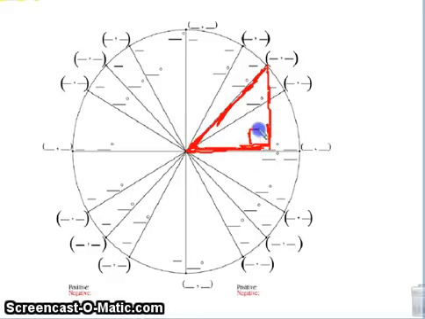Anybody remember that? 45, 45, 90 triangles have a particular relationship. The sides are always, always, always in the exact same ratio. Anybody remember what that ratio is?